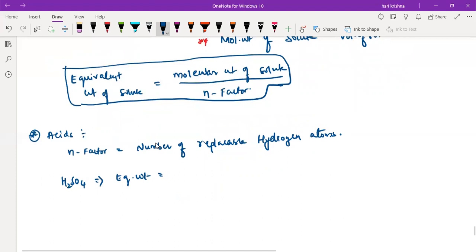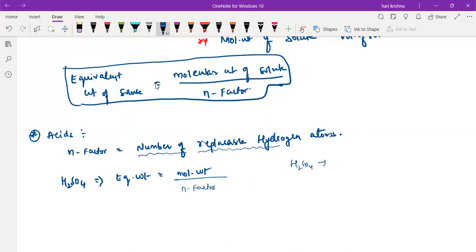The equivalent weight is equal to molecular weight by n factor, right? So for H2SO4, what is the n factor here? The number of replaceable hydrogen atoms. What is the meaning of replaceable hydrogen atoms?